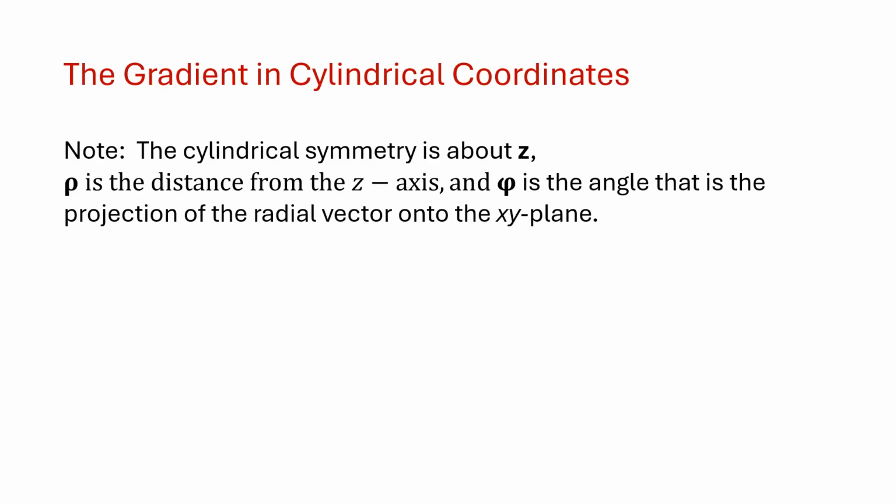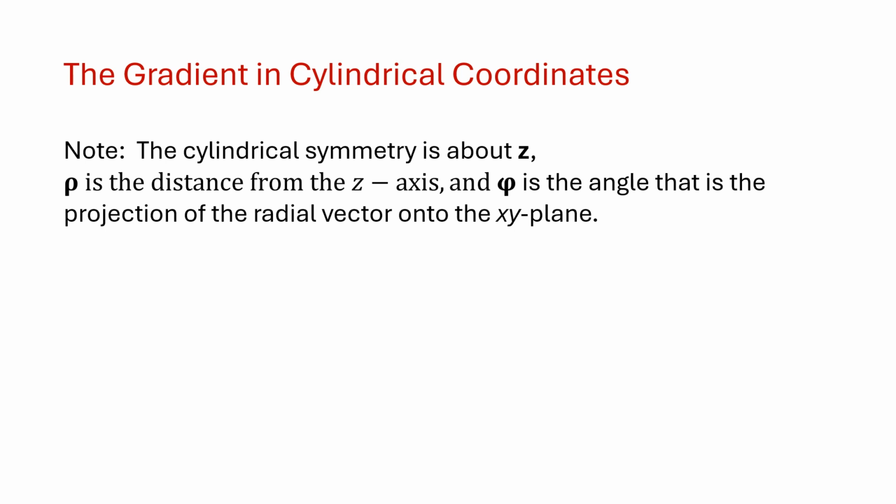Now we're going to also look at the del operator in cylindrical coordinates and find gradients in cylindrical coordinates. The del operator actually is more powerful than just finding gradients. We'll find divergence and curl. We'll get to those in another video, well, 2 other videos.